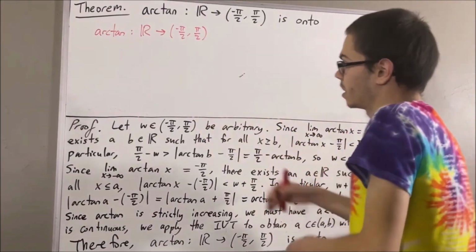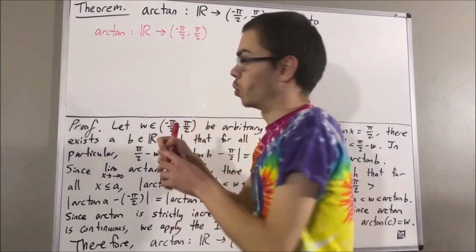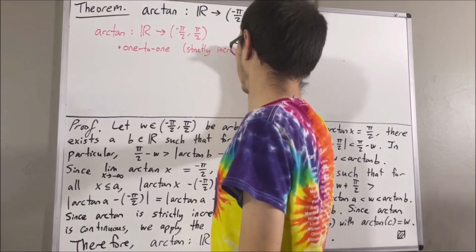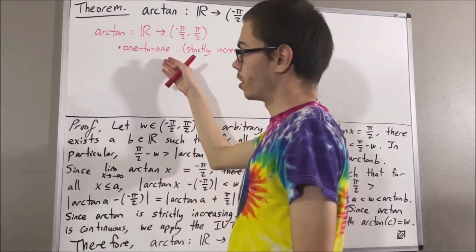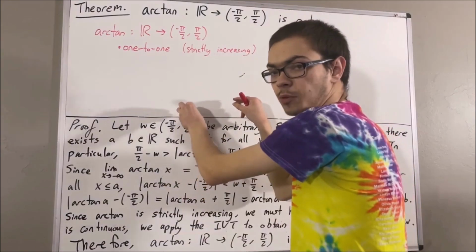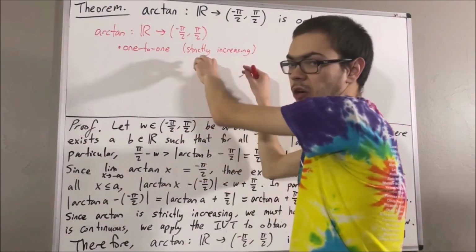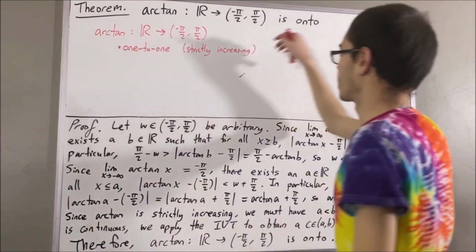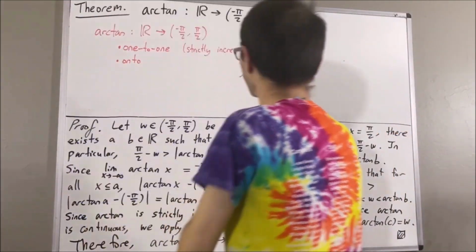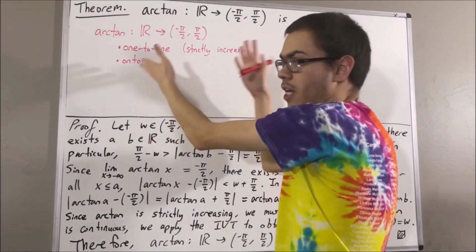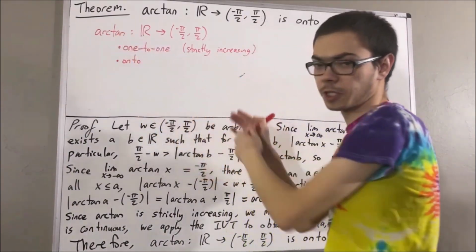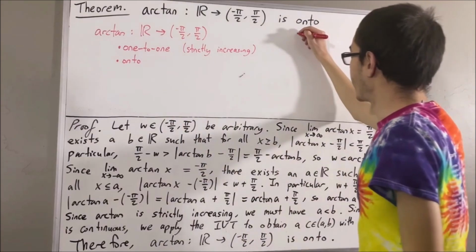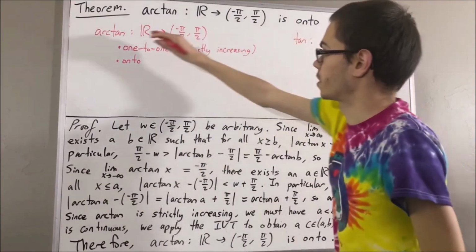And that tells us that the function is 1-to-1. Right? 1-to-1 in the sense that distinct input values map to distinct output values. And we also just proved that the arctangent function is onto. And so this information tells us that arctangent has an inverse function. And so we define tangent to be the inverse of arctangent.